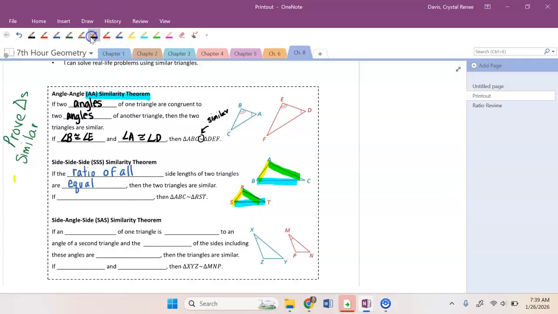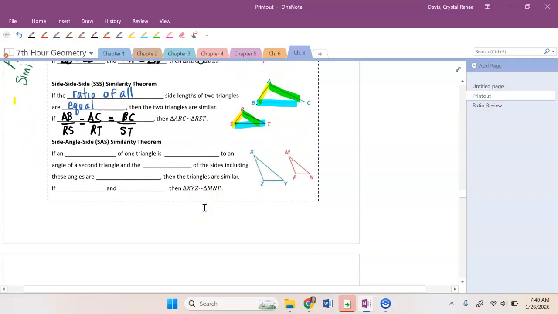So if I find the ratio of AB over RS, that would be the same as, the green, AC over RT, which would be the same as the blue, BC over ST. If you know all those sides have the same ratio, then that means the triangles are similar.